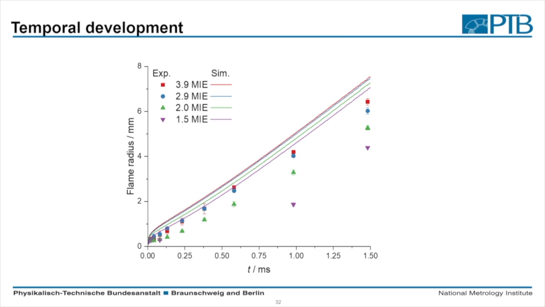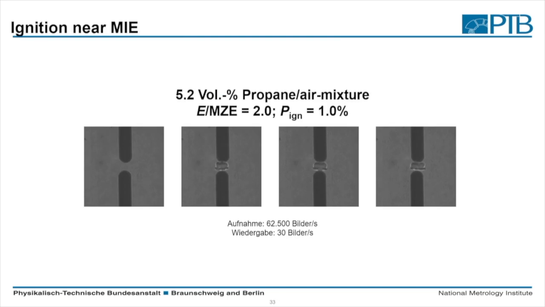So the slope of the different curves corresponds quite well. Of course we have some differences here because this is our area of interest, which we then have to adjust.